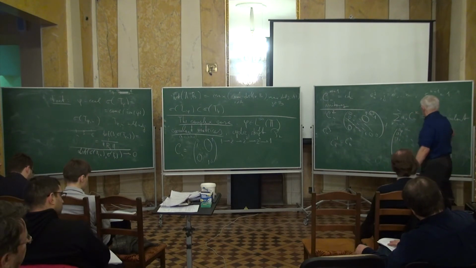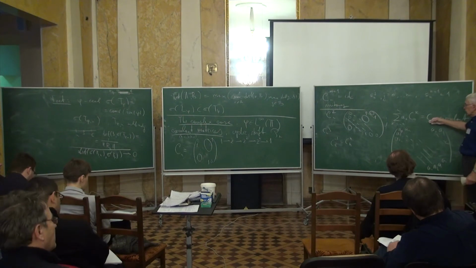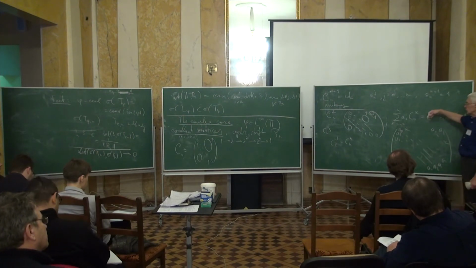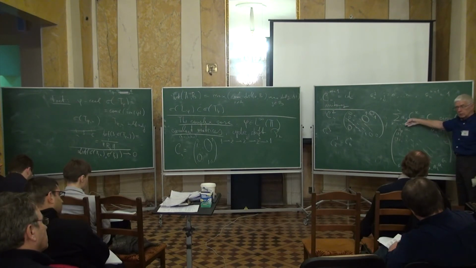What is its principal property? The principal property is that this is a function of a unitary matrix, so it is a normal matrix.